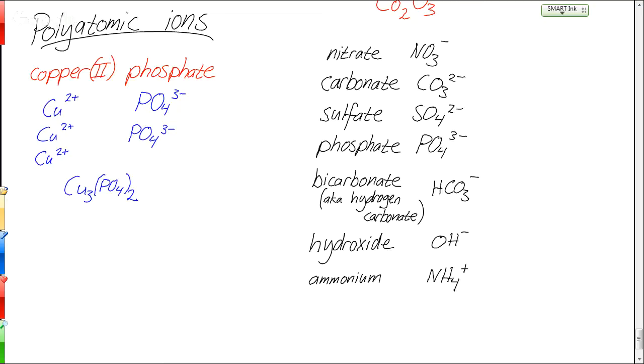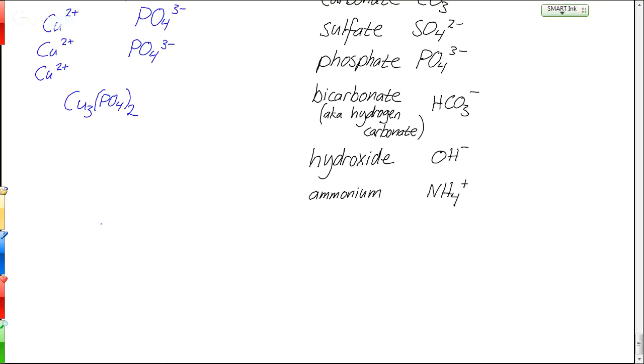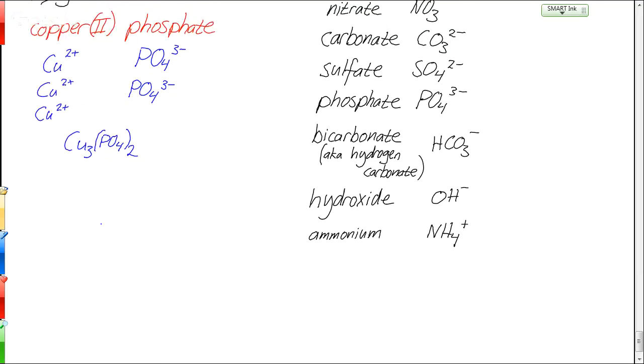All right, so let's try it. You try this one. I'm going to give you 3 different ones, 2 that are words that you put in formulas, and then 1 that's a formula that you come up with a name for, using these polyatomic ions. I'll try to keep the list on the screen here.